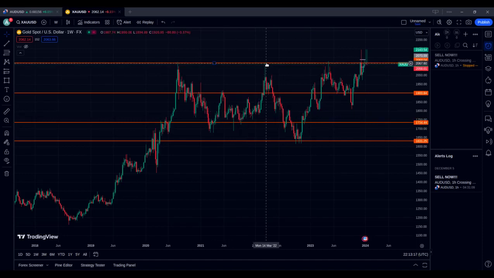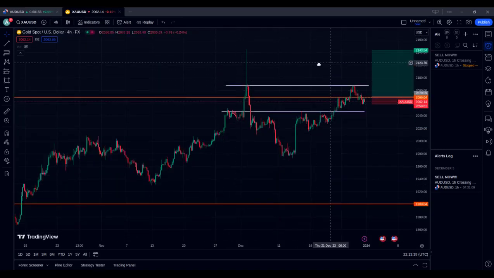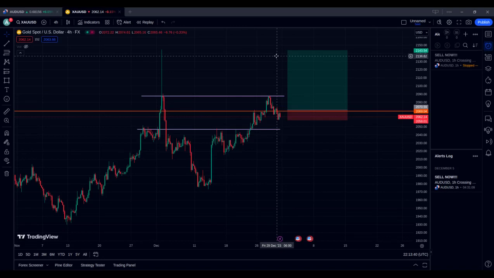Can you see? That is to tell you that it had the intention of getting back to this level, but it had to retest zones. Same thing happened there before it broke through. That is to confirm what I've been saying, that markets retest zones.